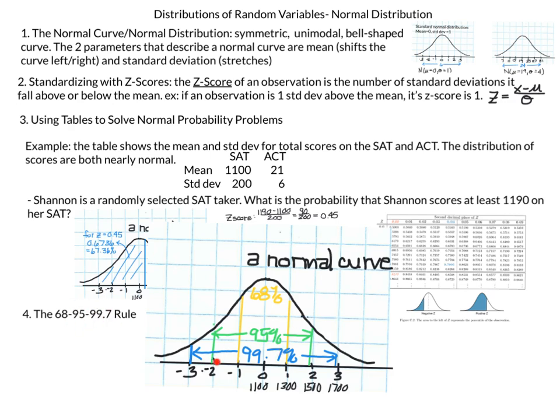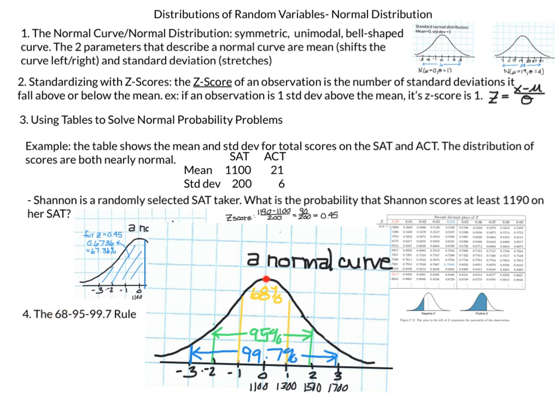The 95 says that 95% of the data will be within 2 standard deviations of the mean. So if you look at the mean, go 2 standard deviations to the left and 2 standard deviations to the right, then the area under the curve, the probability associated with the range from -2 to 2, is going to be 95%. That's the 95% part of the rule.